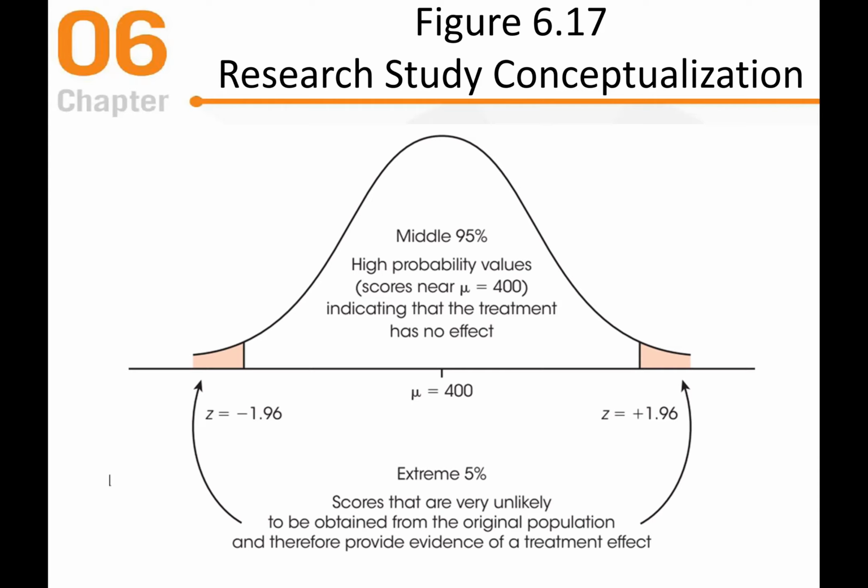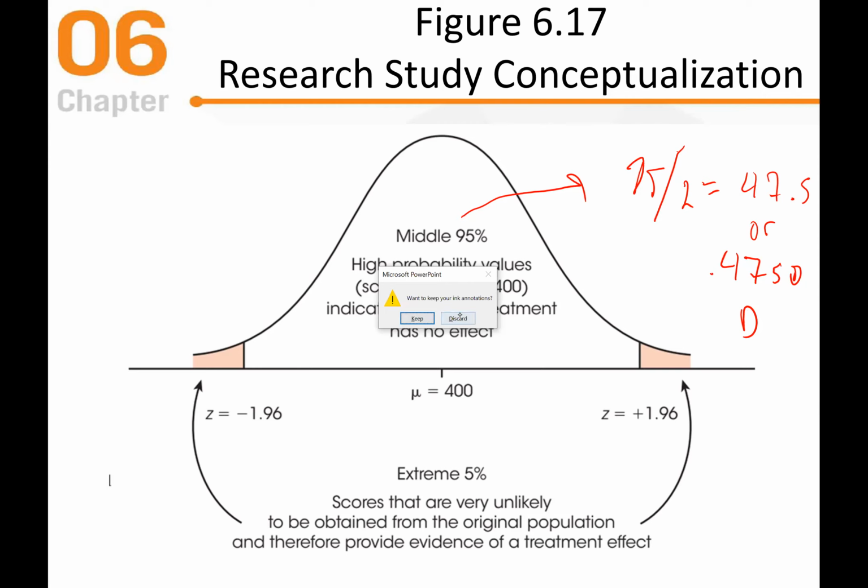And so to get the middle 95%, it would be 95% divided by 2, which gives us 47.5%. If we're looking up a proportion, it would be 0.4750, which we would find in column D. So let's look that up.